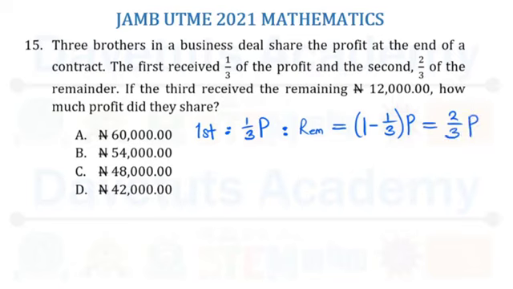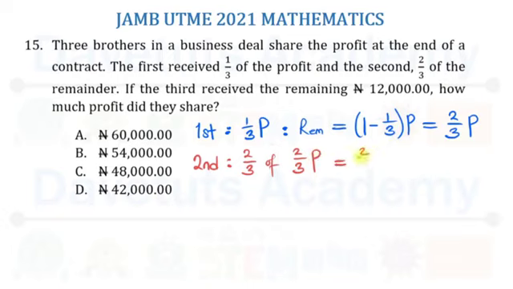Okay, so this is the remainder, okay? But originally, the first one received 1/3P. So having done that, I can now say the second one, we're told that he collected 2/3 of the remainder. That's 2/3 of what's our remainder? Is 2/3P.